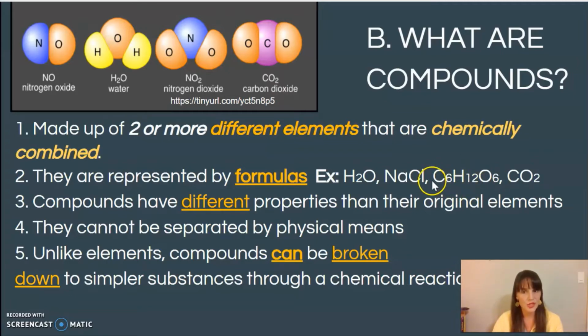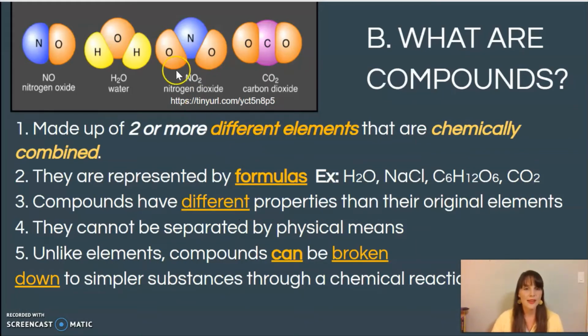Then we have C6H12O6, which you may or may not know is glucose, which is a simple sugar that our cells use to metabolize. It's created by the process of photosynthesis in plants. And then, of course, carbon dioxide, CO2. So compounds have different properties than their original elements.